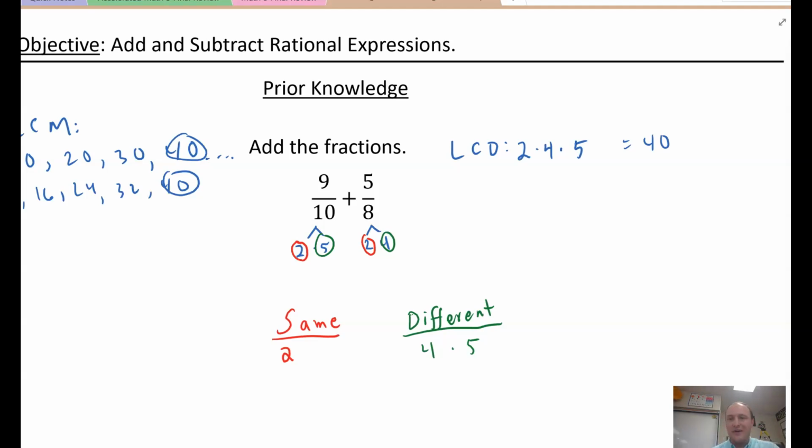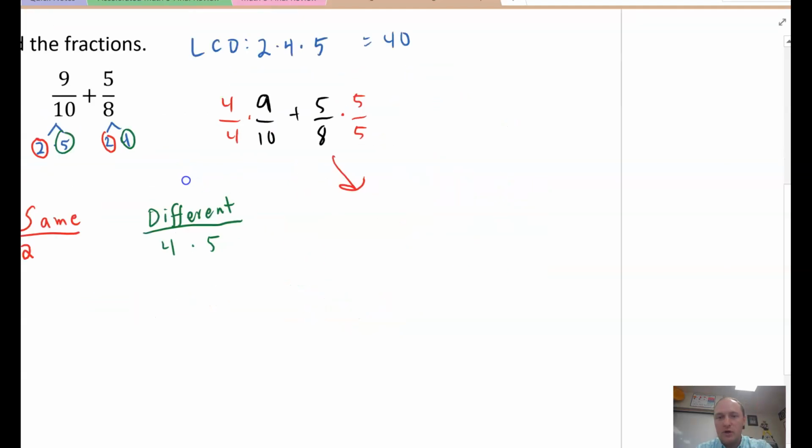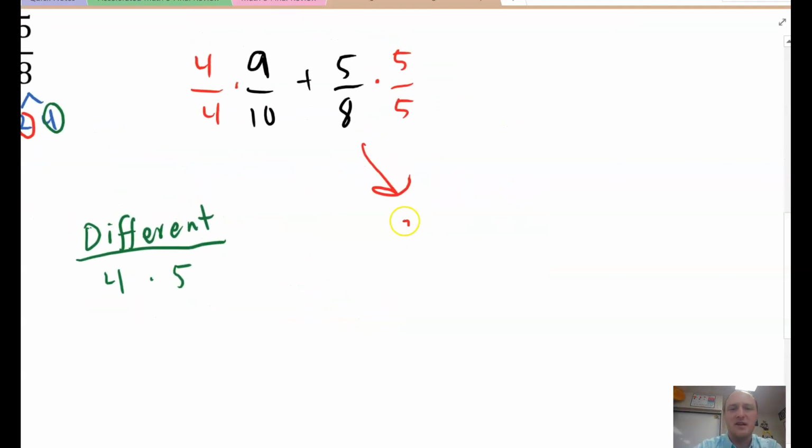Now if I want to add 9/10 plus 5/8, I have to turn my denominators into 40. So you introduce the missing factor. I have to multiply this fraction top and bottom by 4, and this fraction top and bottom by 5. And we end up getting 36 over 40 plus 25 over 40.